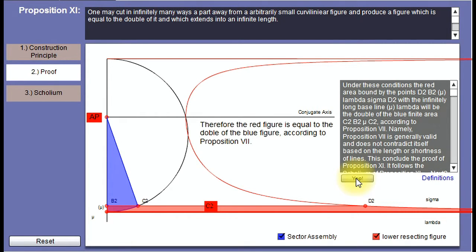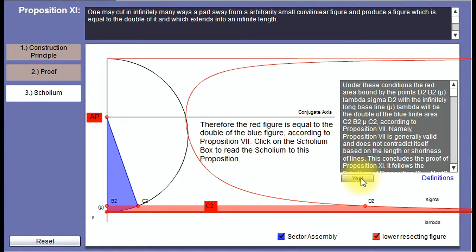We can say this because the relationship holds to the sector, which we have proven always to be half of the segment figure, and hence also in the infinite of the whole resecting figure, or rather the infinitely long part here of the resecting figure. And we established this principle in proposition 7.